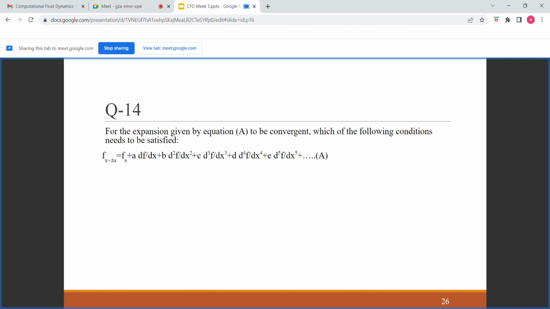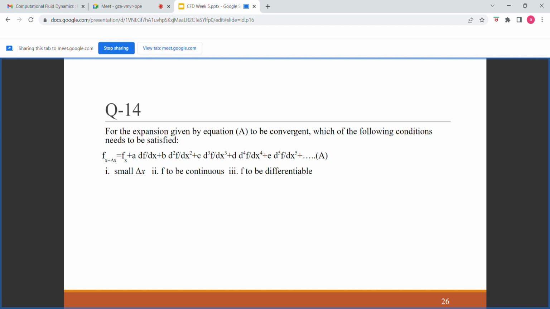This is the expansion given up to the fifth derivative in Taylor's series. So we'll see which of the conditions needs to be satisfied for it to be true.